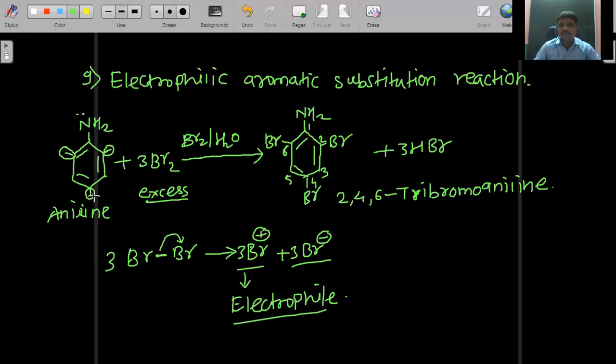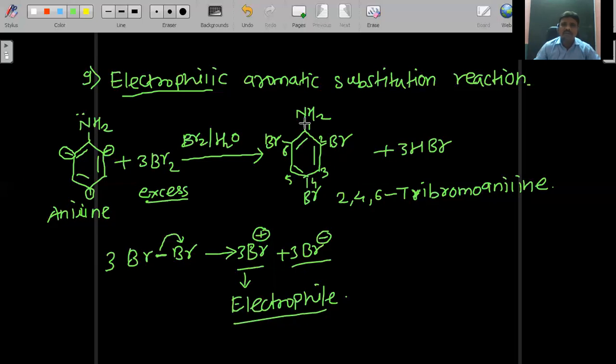Means 2 ortho and 1 para position becomes electron rich. ओके, अटॅक कोण करणार आहे रे, इलेक्ट्रोफाइल. इलेक्ट्रोफाइल म्हणजे काय, इलेक्ट्रोफाइल्स आर दी इलेक्ट्रॉन डेफिशियंट स्पेसिस, आल्सो दे कॅरीज पॉझिटिव्ह चार्ज. मग अटॅक करणारा जर पॉझिटिव्हली चार्ज असेल तर तो कुठे अटॅक करणार आहे, निगेटिव्ह चार्ज वरती. इथे एक्सेस ऑफ ब्रोमिन घेतला आहे म्हणून 2 ऑर्थो आणि 1 पॅरा पोझिशन, तिन्ही पोझिशनला काय झालेलं आहे, ब्रोमिन अटॅच झालेला आहे. नेम ऑफ द कंपाऊंड इज 2,4,6 tribromoaniline.